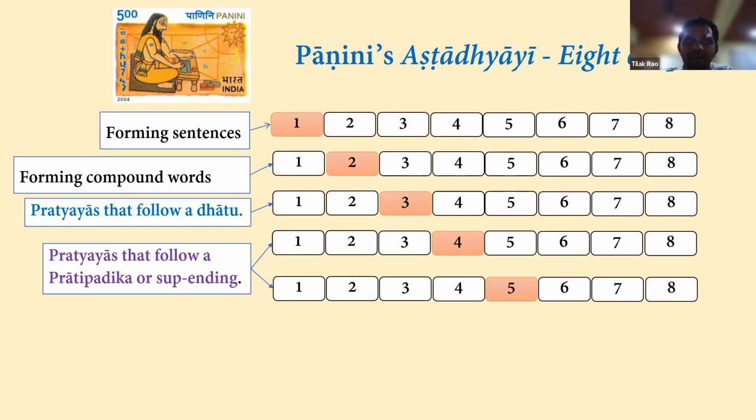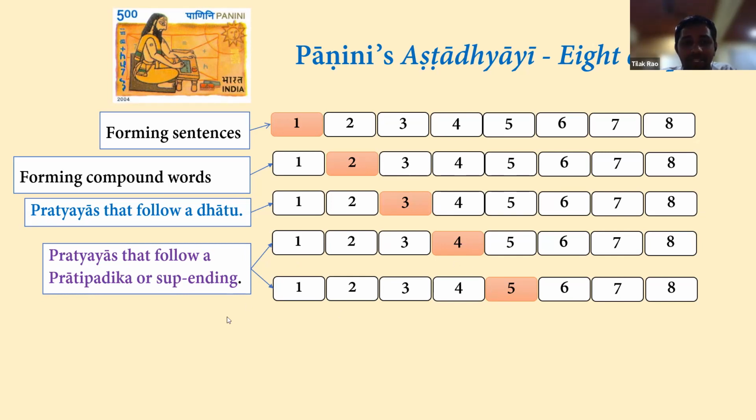How do we derive balaka? By adding krit pratyaya to a dhatu. So the first level is adding pratyayas to a dhatu, which is discussed in the third chapter. Then the other pratyayas like sup pratyaya and stri pratyaya are added at the next level.